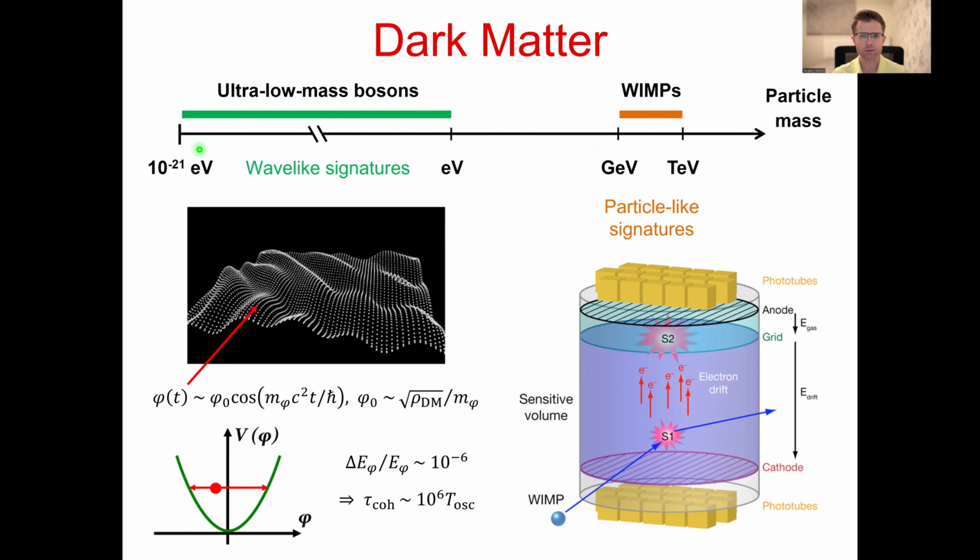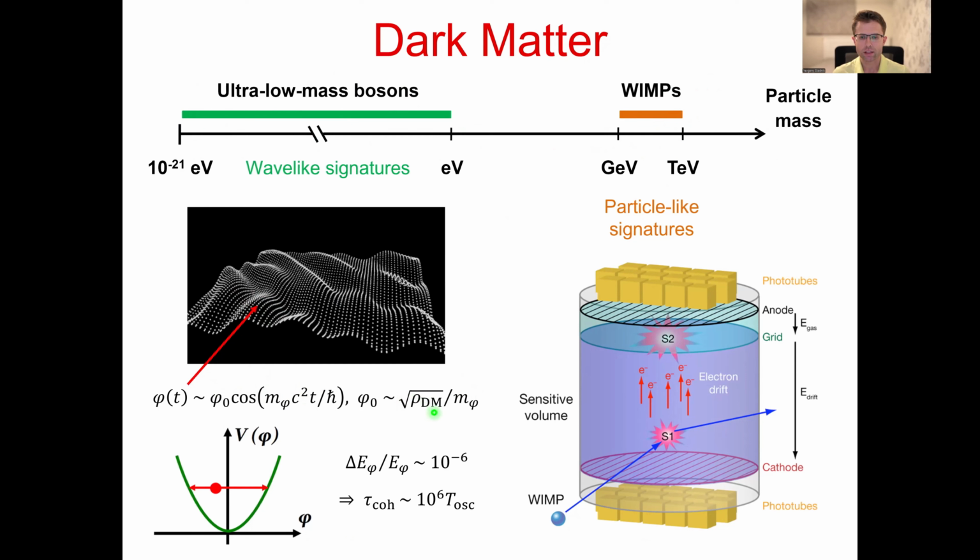Because the number density of particles is very large here, we essentially expect there to be these undulating field-like patterns emerging in the dark matter field, where if we look at some small region of space over a reasonably small timescale, basically what we see is an oscillating field, a classical field, where the frequency of oscillation is determined by the mass of the dark matter particle, and the amplitude of oscillations at this point will be inversely proportional to the mass of the particle and proportional to the square root of how much these low mass particles contribute to the dark matter density in this case.